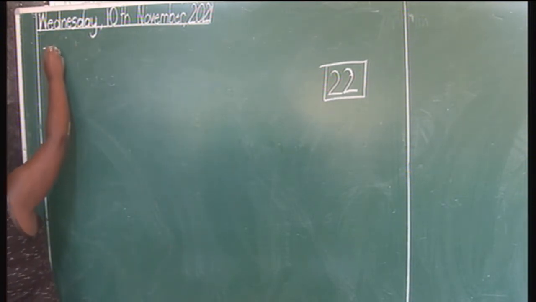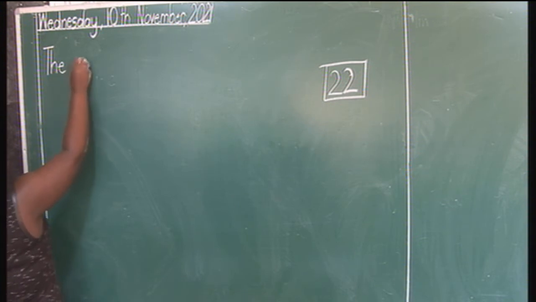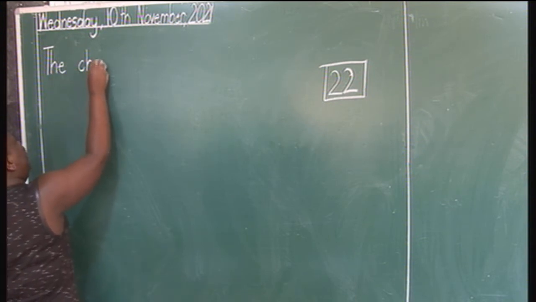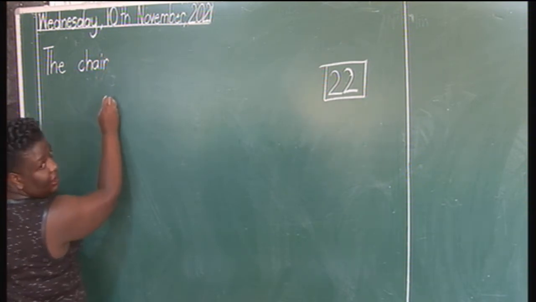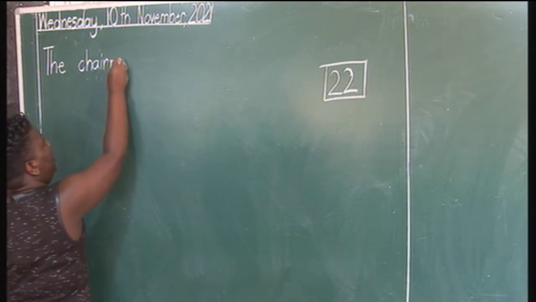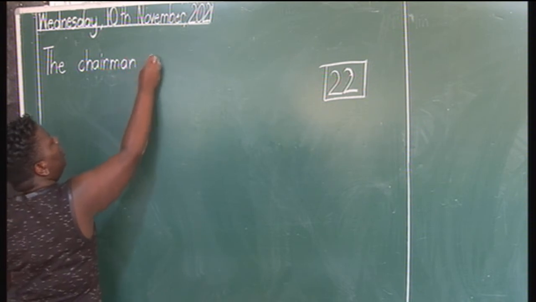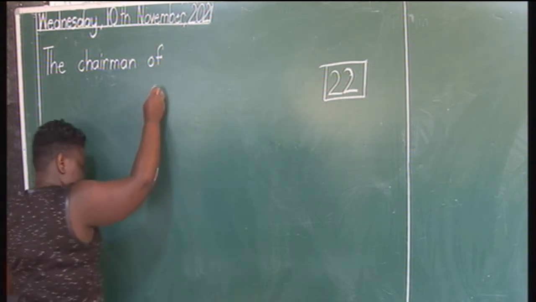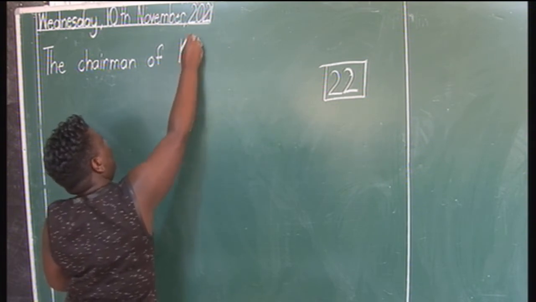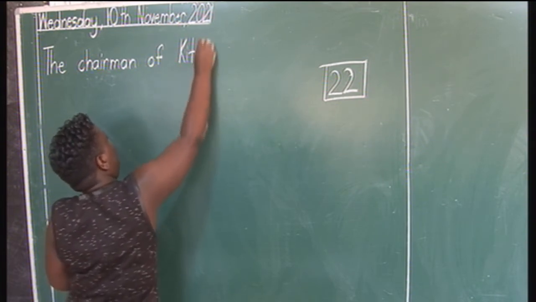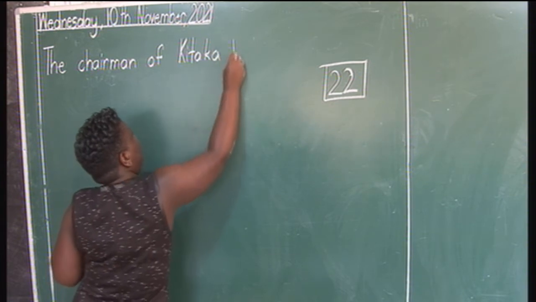The capital T, the chairman. Chairman is a compound word, it's one word. Don't separate it. Chitaka is the name of a place that begins with a capital C. The chairman of Chitaka village.